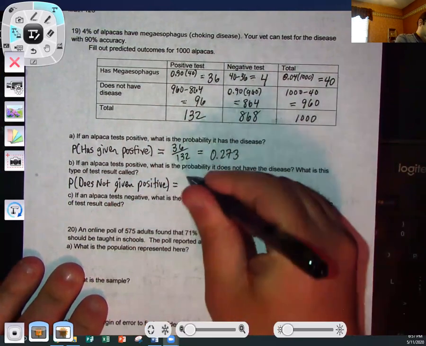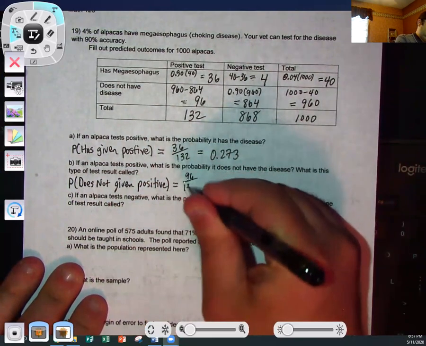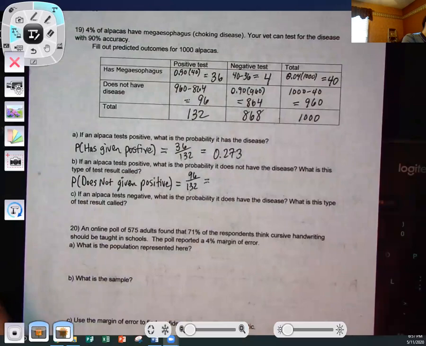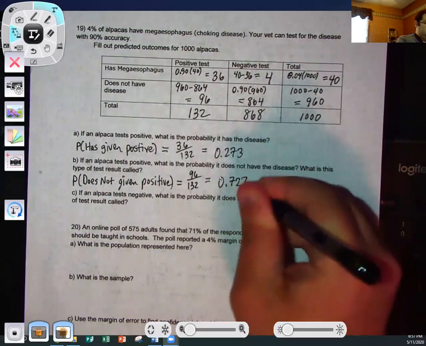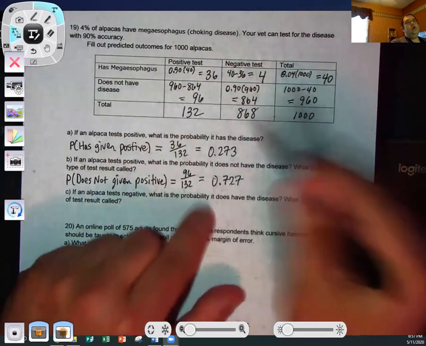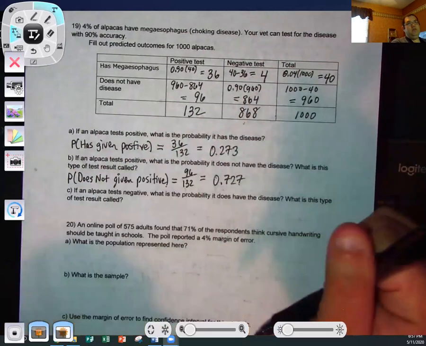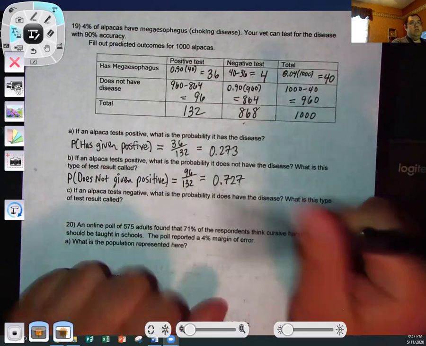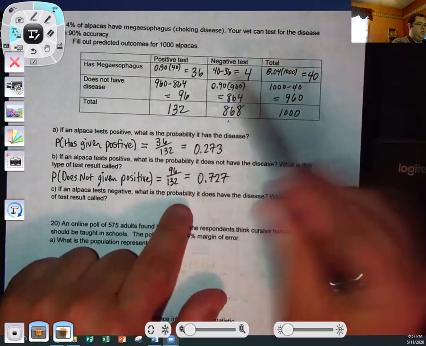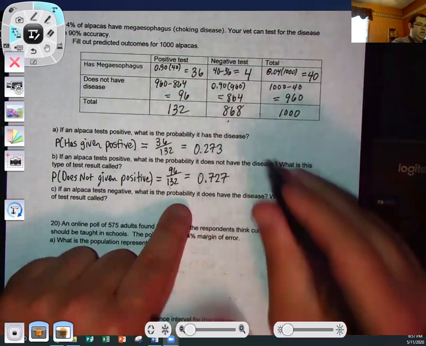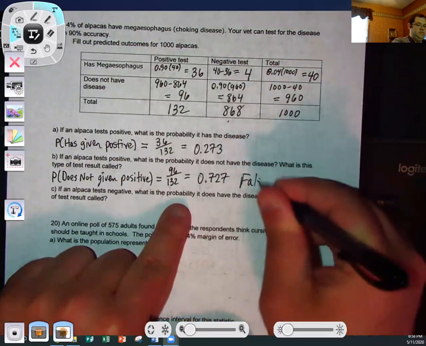So that would be 96 out of 132, which is 0.727. Or we could have done 1 minus this probability. That'll get us the same answer. And then what is this? Well, if they don't have the disease and produce a positive test result, that's known as a false positive.